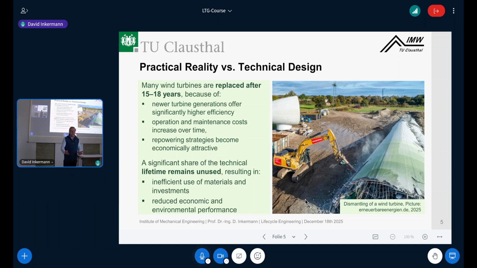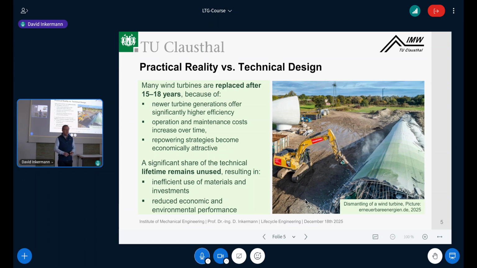And there might also be economic factors where repowering, so rebuilding or replacing existing ones, becomes attractive based on fundings that you can get, for instance. And so this, in conclusion, is we can observe there is a significant share of the technical lifetime that is unused.